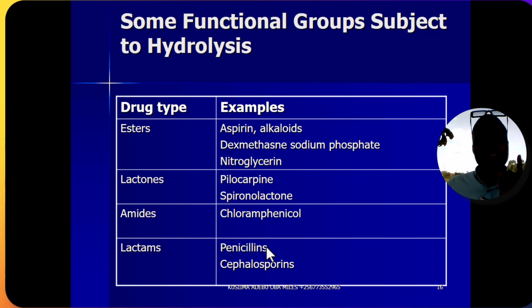That's why we have amoxicillin clavulanate in stock, and it is not reconstituted. You only reconstitute it prior to administration. Even other drugs like pilocarpine, other drugs like chloramphenicol, they are available on the market as powders.